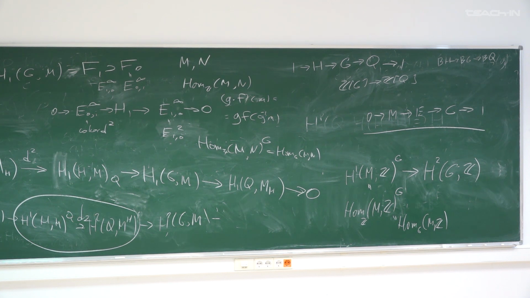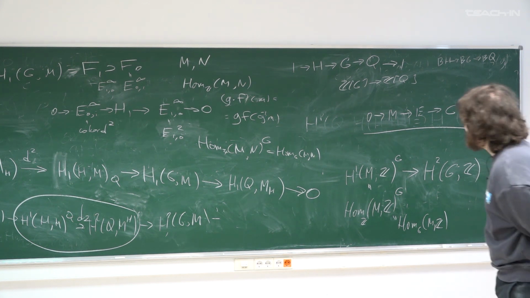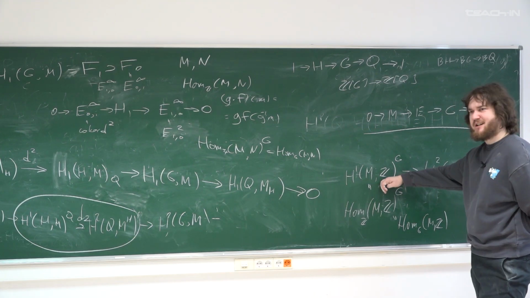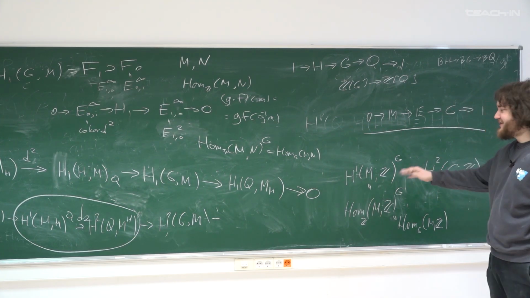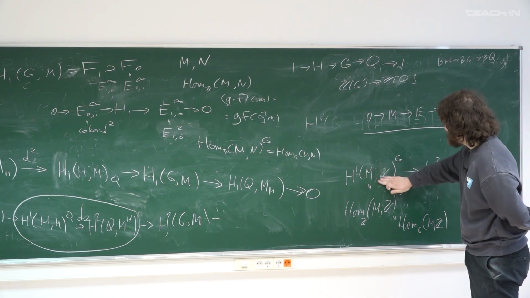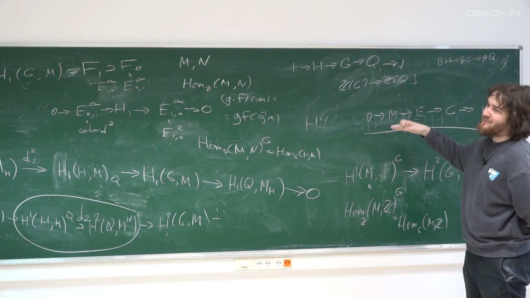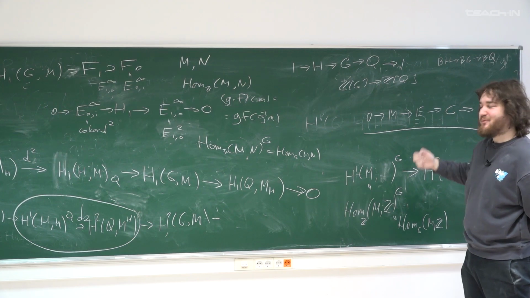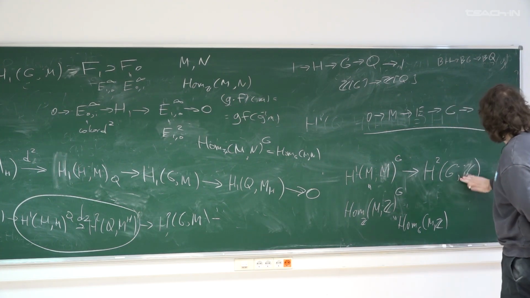Sorry, I won't consider a nontrivial Z. I want to consider coefficients in M, also M as a G module. I consider the situation where I consider M as an abelian group and also as a G module. Here I consider this as a G module.